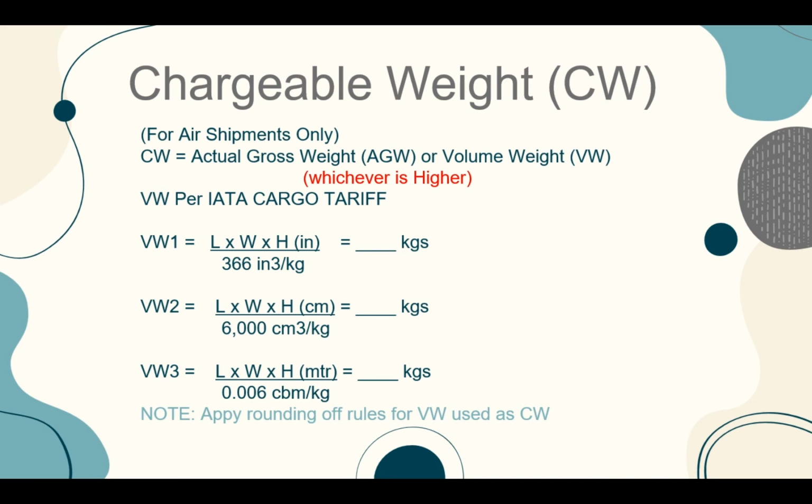Kung exacto naman siya na 22.5, retain lang natin yon, 22.5 pa rin. Pero pag naging 22.51 naman, magiging whole number na siya, which is 23. Alright? Yun yung rounding off rules natin pag ginamit lang natin si volumetric weight as chargeable weight. Pero kung hindi siya, doon tayo magbabase sa actual gross weight or doon sa volumetric weight, whichever is higher. Alright?